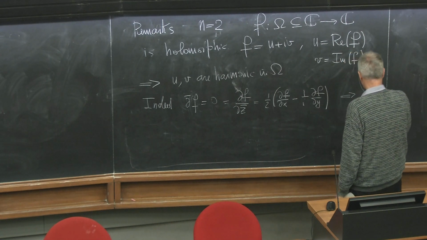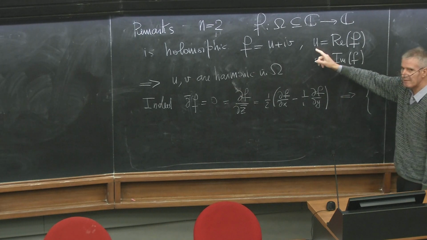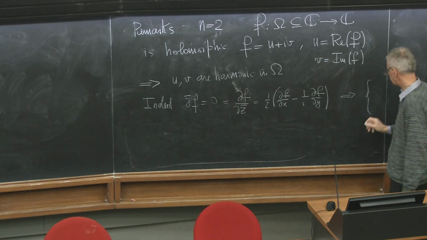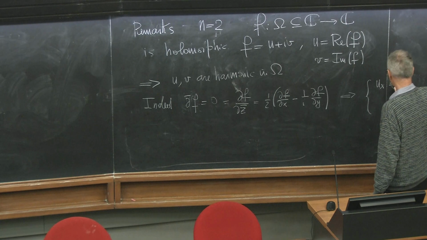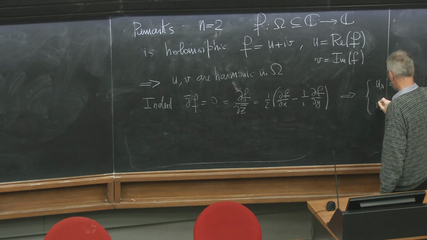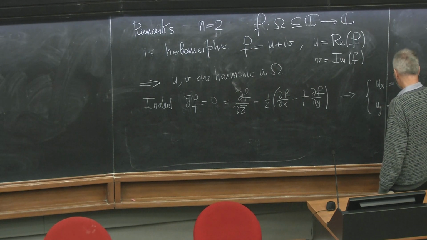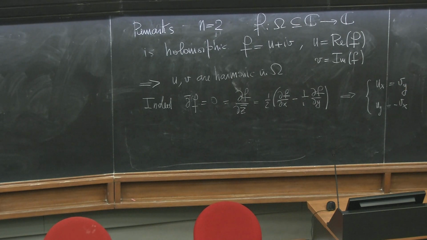This implies the Cauchy-Riemann equations at the level of the real and the imaginary part: ux equal vy, uy equal minus vx. Okay, these are the Cauchy-Riemann equations.